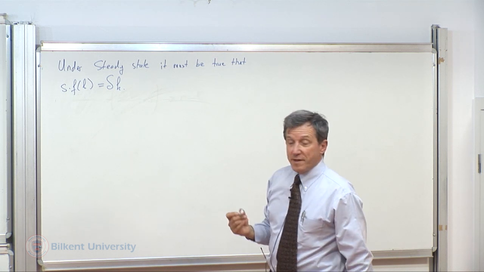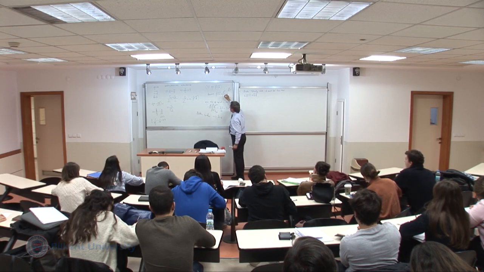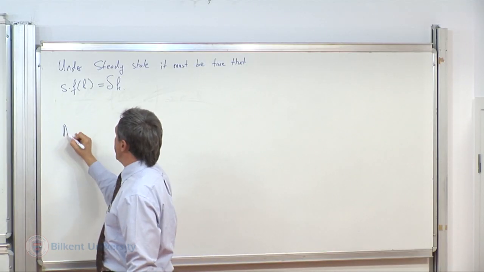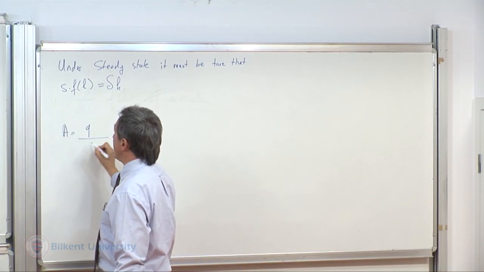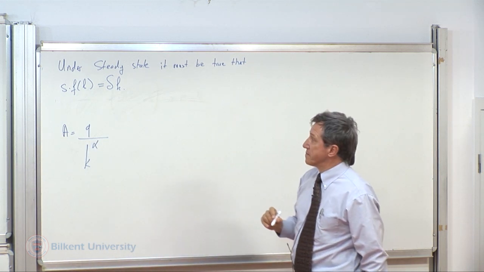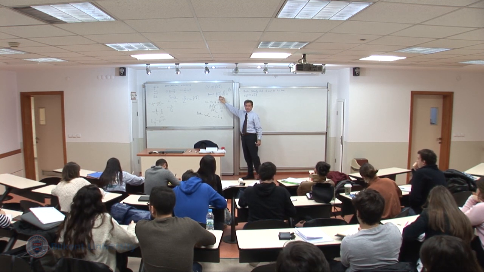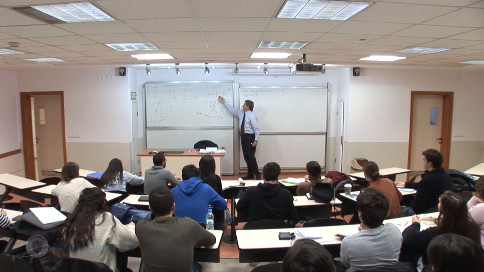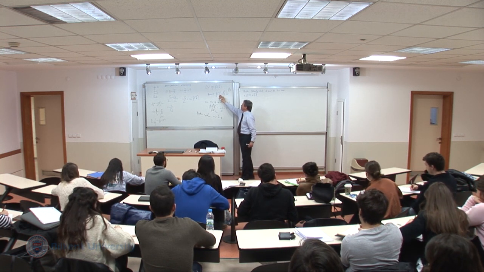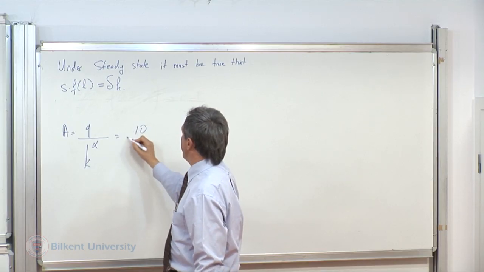Well, to continue with this operation, I have found alpha to be 0.4. Now I have to state A. Well, A is Q divided by k to the power alpha, by simply moving around these terms. Q is A k to the power alpha. Therefore, A is Q divided by k to the power alpha. What is Q? 10.